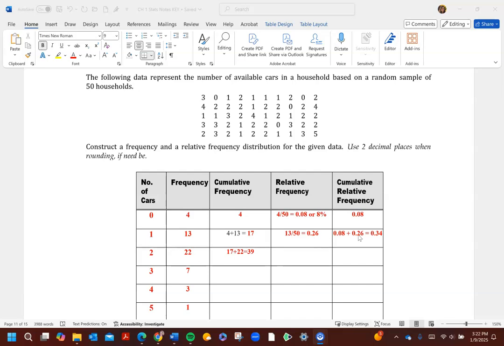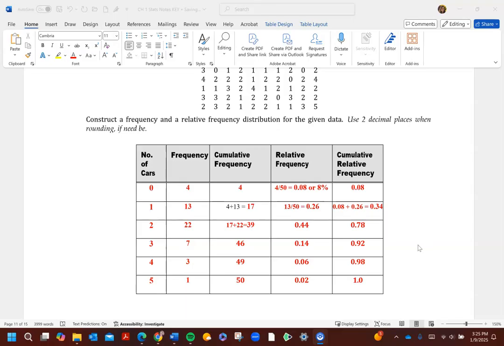For cumulative relative frequency, I would just add the 0.08, the start one, add the 0.26, and then get 0.34. So I think you get the idea with how those work. We can go ahead and fill in the chart real quick. Okay, so go ahead and match your answers up with mine.